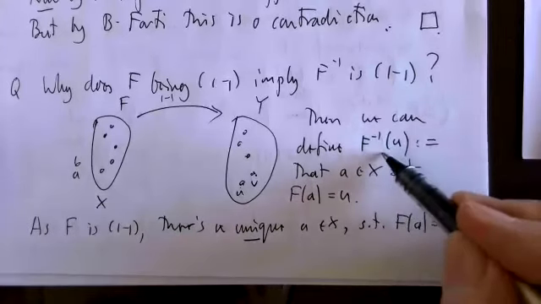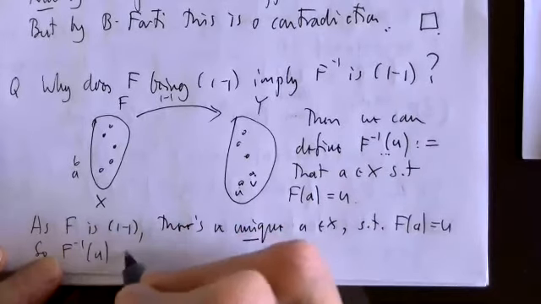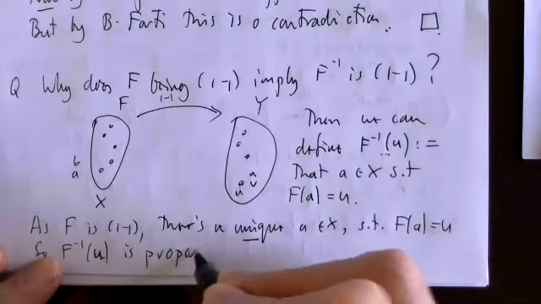So this truly is a properly defined function. So f to the minus 1 of u is properly defined.